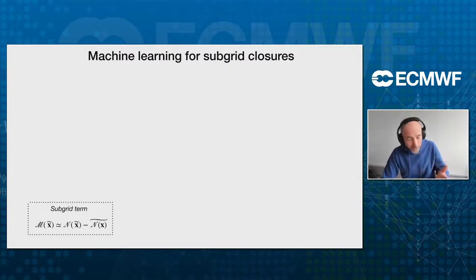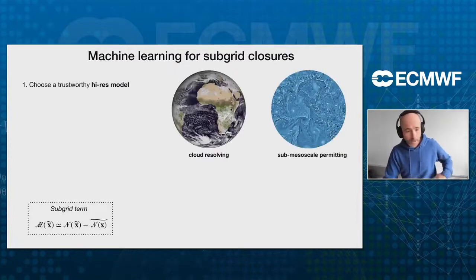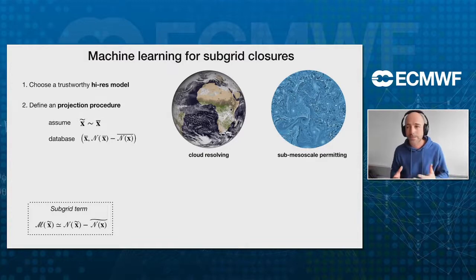So how do you usually approach this problem? We've had a number of really cool talks showing this approach this morning. You start by choosing a model you like, a cloud resolving atmospheric model or a submesoscale permitting ocean model. You then define a projection procedure that allows you to compare your very high resolution trustworthy model with your coarse resolution model.